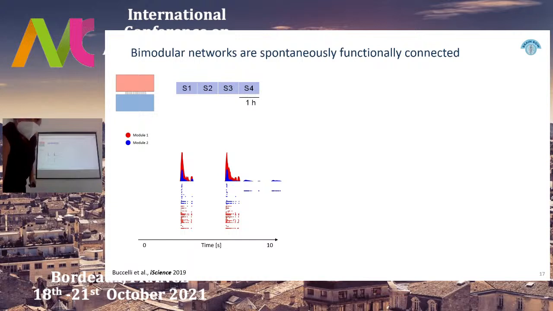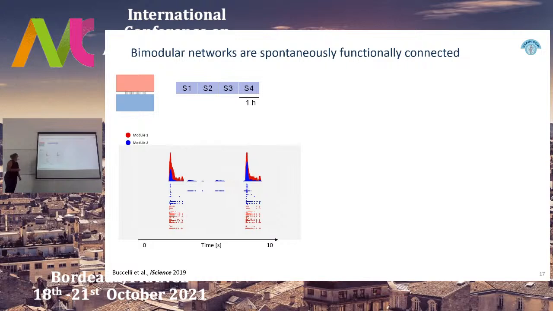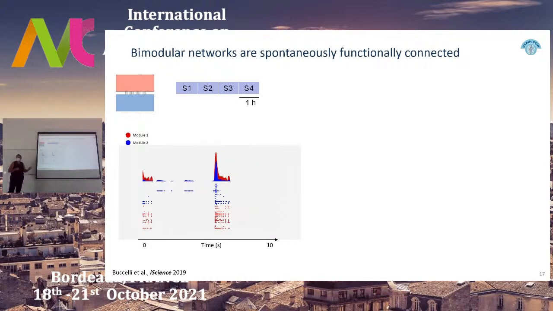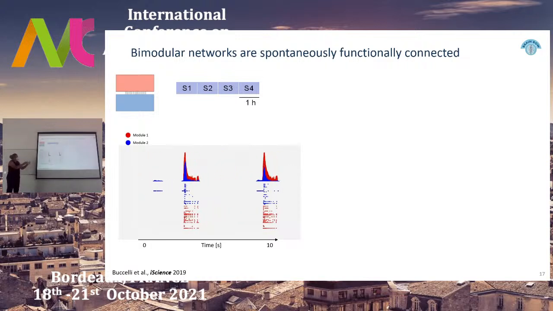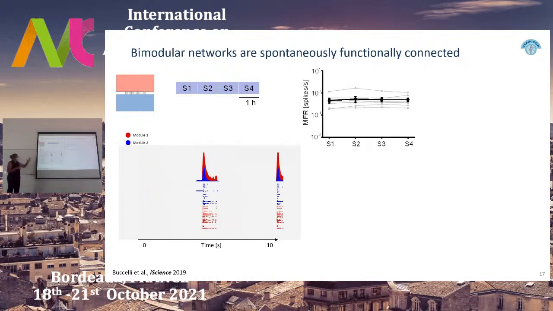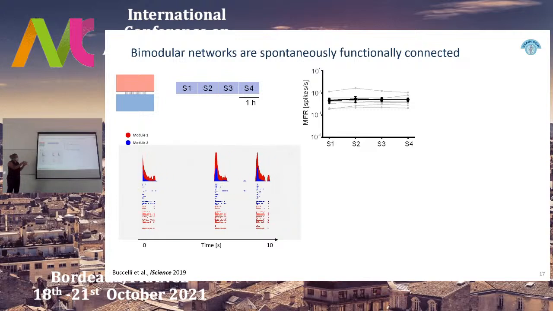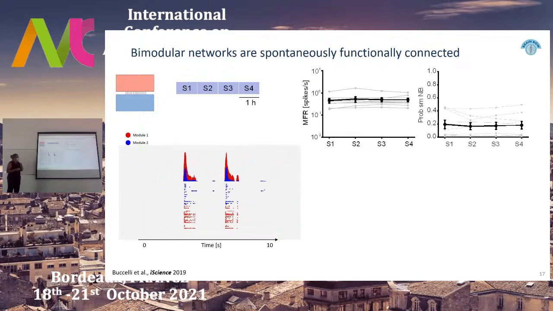And if I start the movie, you can see that more or less the activity does not change in this short time frame, but of course we were also able to quantify by counting the firing rate, so the number of spikes per second over the 4 hours, which did not change.